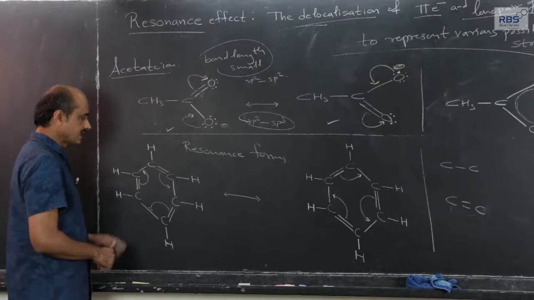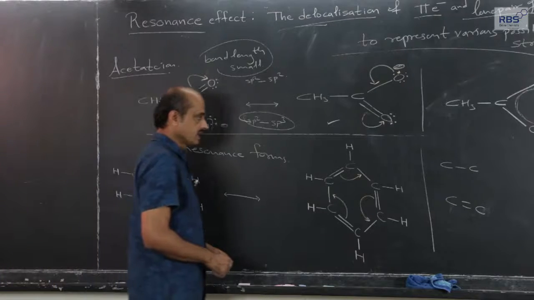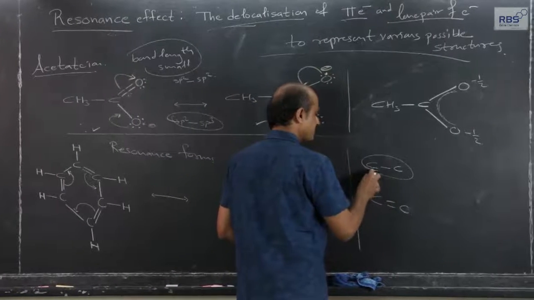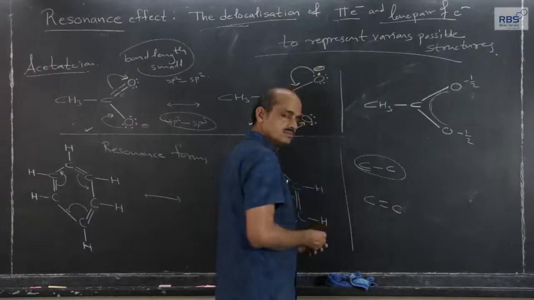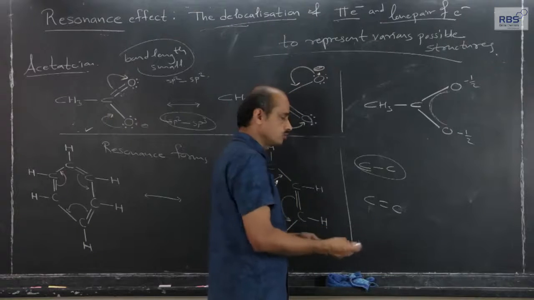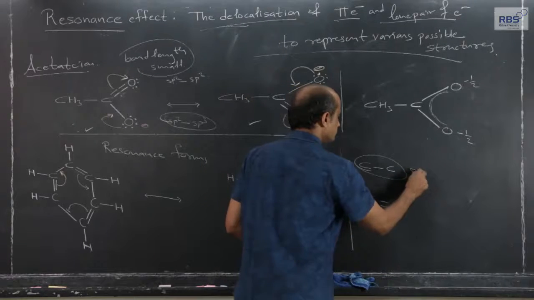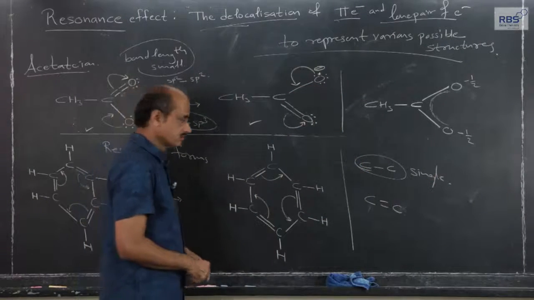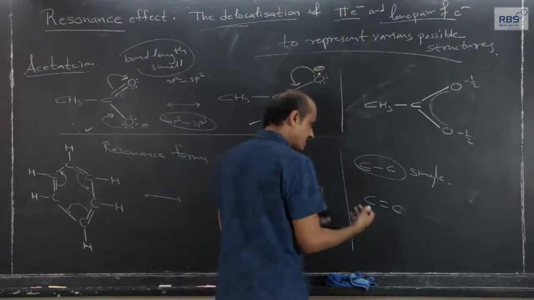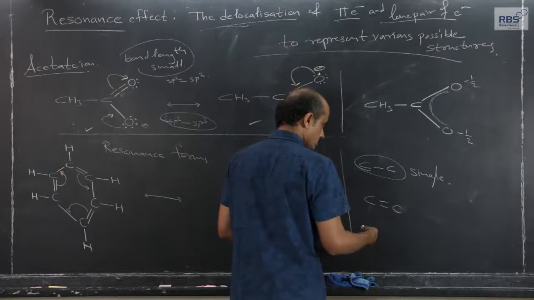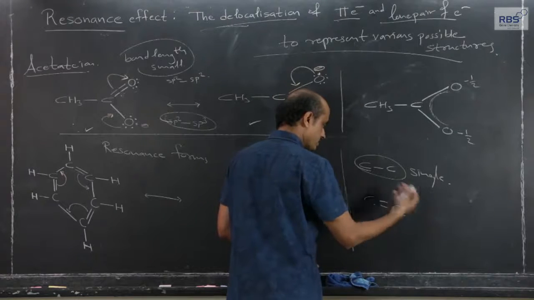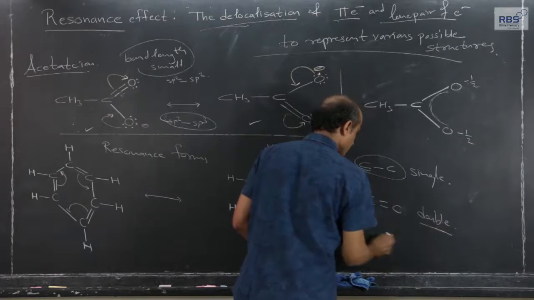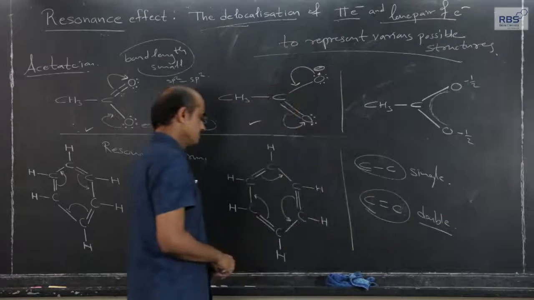So, what we expect is that in benzene, 3 carbon-carbon bond lengths are closer to what we expect for single, and the remaining 3 are closer to what we expect for a carbon-carbon double bond.